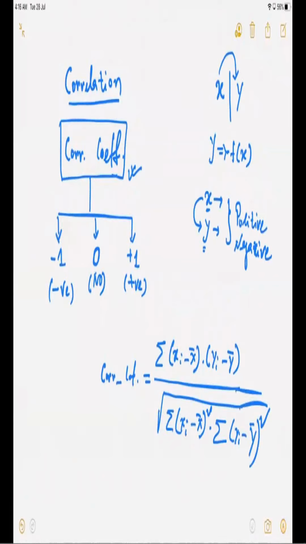So this is basically the formula to define correlation.